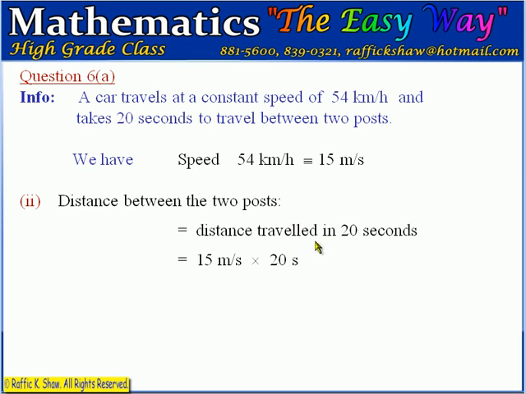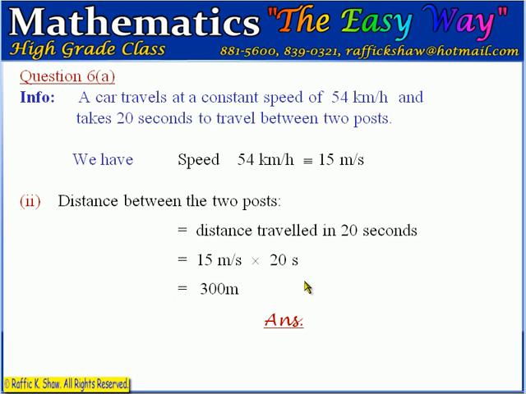The distance traveled in 20 seconds, traveling at 15 meters per second, will be equal to 15 meters per second multiplied by 20. 15 multiplied by 20 reduces to 300 meters. And so the distance traveled in 20 seconds is 300 meters. Therefore the distance between the two signposts is 300 meters. And that's the answer for part 2.